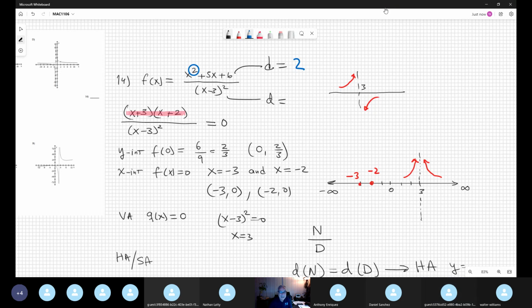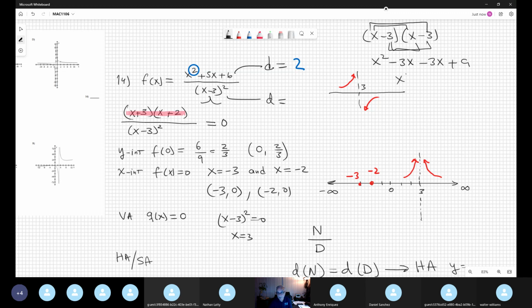So, for example, you expand this, you apply FOIL. X minus 3 times itself. FOIL. X times X, X squared. X times minus 3, minus 3X. Minus 3 times X, minus 3X. And minus 3 times minus 3 is positive 9.